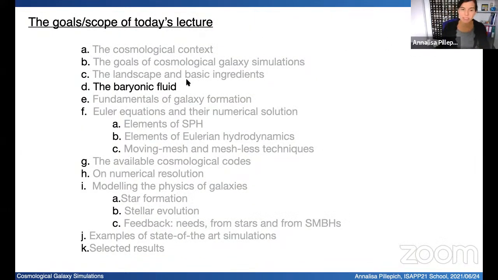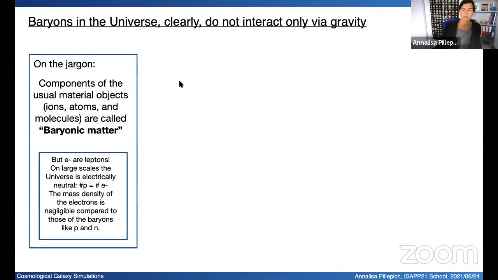So let's go a bit more into the detail. This was really a very general introduction. And let's talk about the baryonic fluid. So guys, bear with us. The jargon is a bit funky, right? The components of the usual material objects, ions, atoms, molecules, even electrons, we call them baryonic matter. And you may think, okay, but what the heck? Electrons are not baryons, all right?